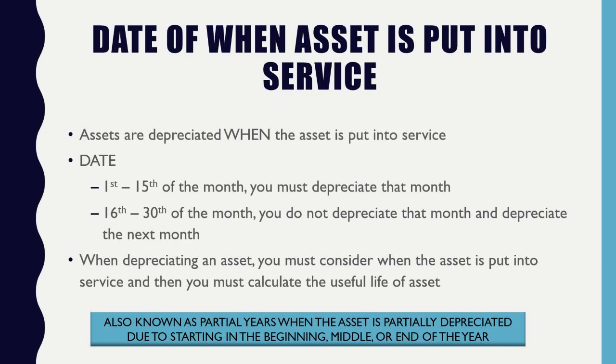Then we're going to talk about the date that you place it into service. So, okay, this is where I'm going to be introducing you to what partial years means, okay? So when we talk about assets, and we talk about how it has an estimated useful life, we treat our assets just like we treat our babies, right?